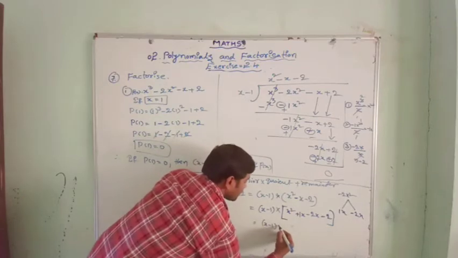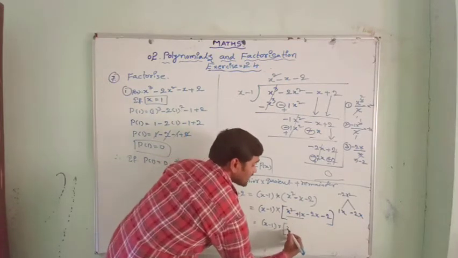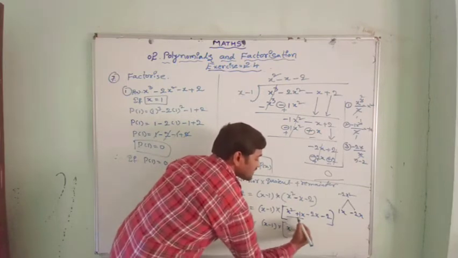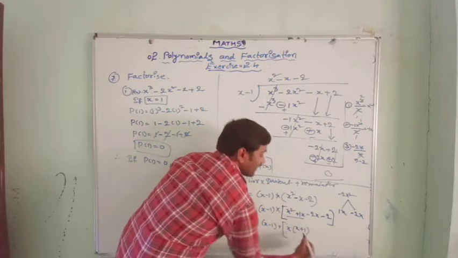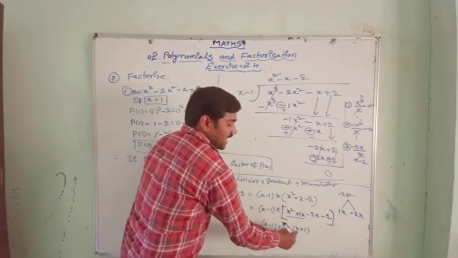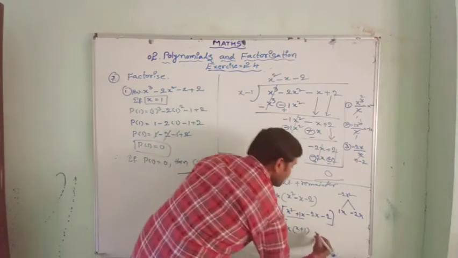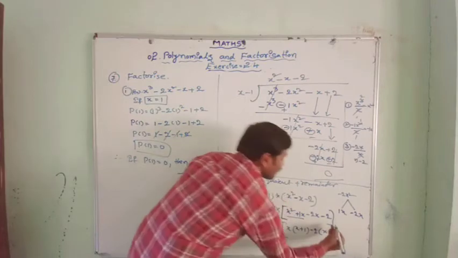Here, in these two terms we can take out x as a common factor. Then in this x is left and in this only 1 is left. Out of these two x's I have taken 1x common. So x is left. Here only 1 will be left over. And minus 2 we have to take out common. Then x plus 1 will be left over in that.